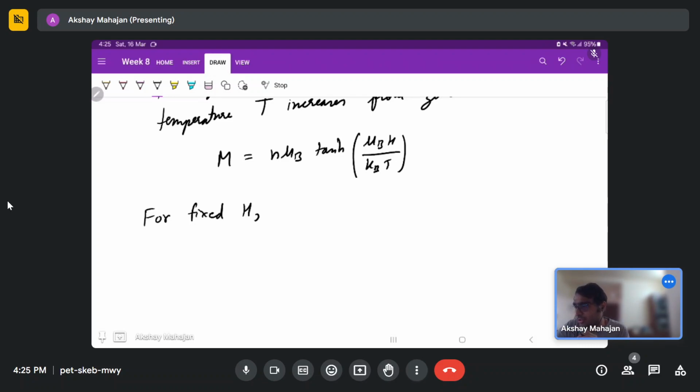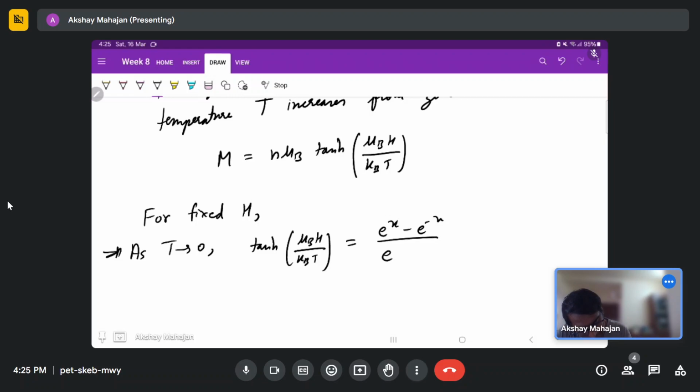Now for fixed H, numerically we can also check this. As T tends towards 0, what will happen to tan hyperbolic of mu B H by kBT? It is e to the power x minus e to the power minus x upon e to the power x plus e to the power minus x, considering this as your x.